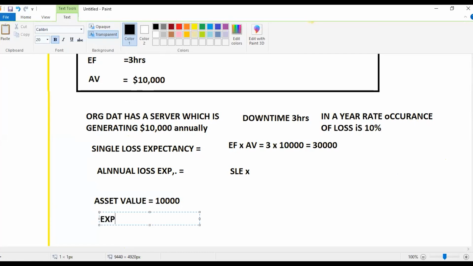Exposure factor: how much time our company or our server is in downtime, or in loss? 3 hours.